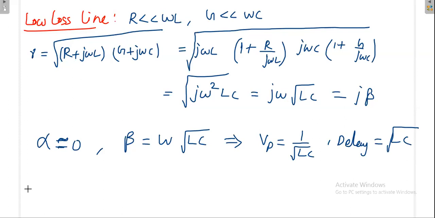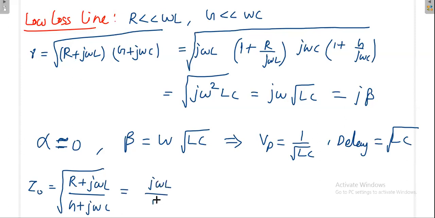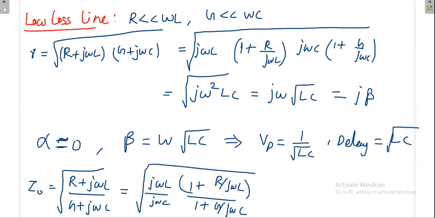Z naught is equal to square root of R plus J omega L divided by G plus J omega C. If you take J omega L outside, here you take J omega C outside, then you will get 1 plus R divided by J omega L, similarly 1 plus G divided by J omega C. Then you make overall square root. Again, this term can be eliminated. Once you eliminate this term, finally you are getting square root of L by C.